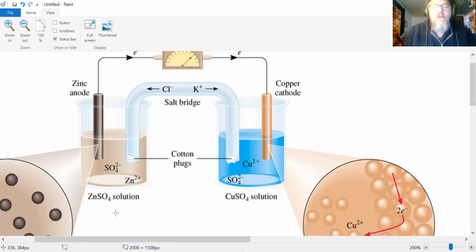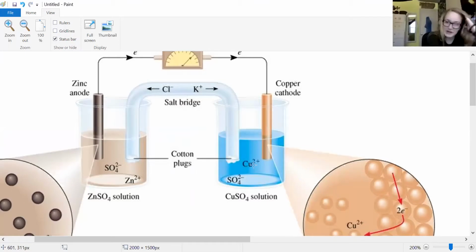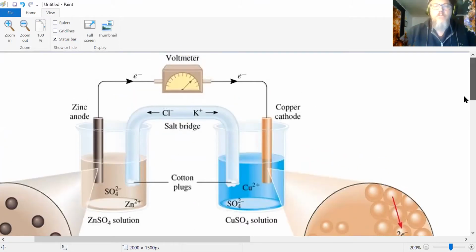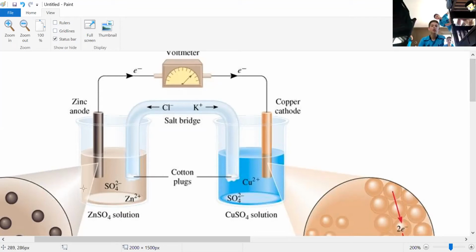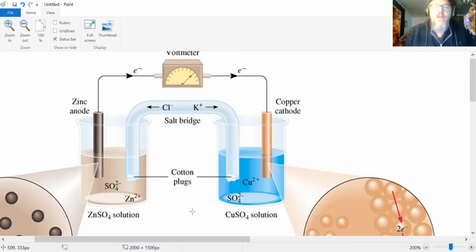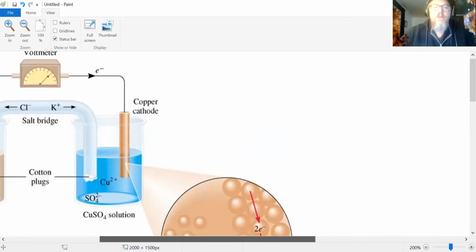So first of all, we have a solution of zinc sulfate, and we have a solution of copper sulfate. The only good thing about this is I can write out an equation to the outside showing you what's going on, okay?